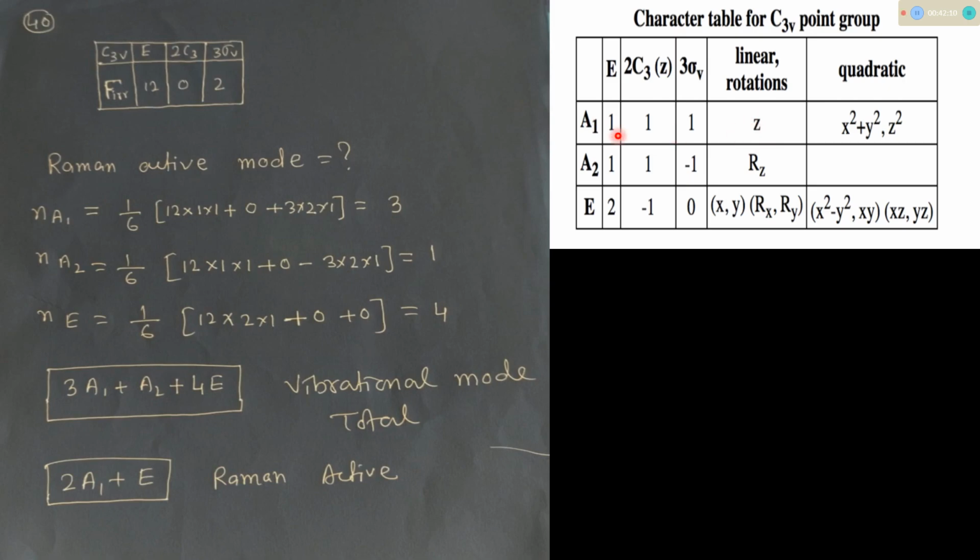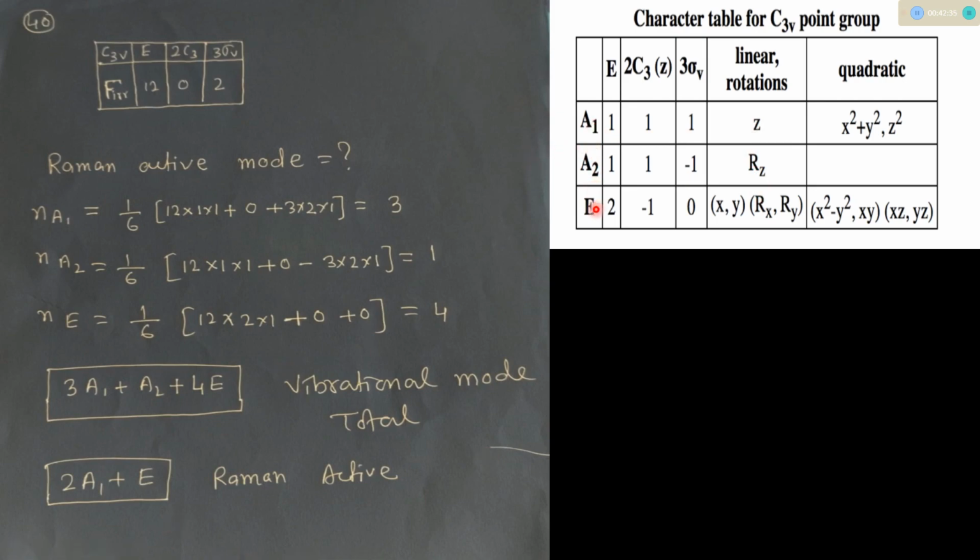So see, z is there, A1 is also IR active; Rz is a linear term, A2 has the Rz term, so IR active; E has the xy term, so IR active. So quadratic terms correspond to Raman activity, linear terms correspond to IR activity.